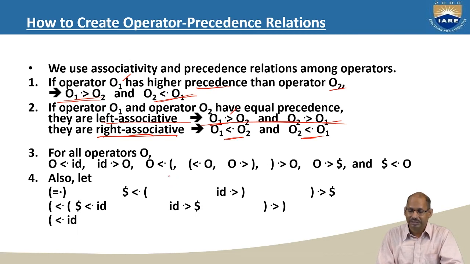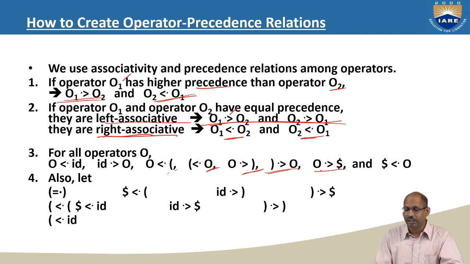The left parenthesis has higher precedence, and this operator has higher precedence, whichever comes first. The operator has higher precedence than the right parenthesis. The right parenthesis has higher precedence than the operator.